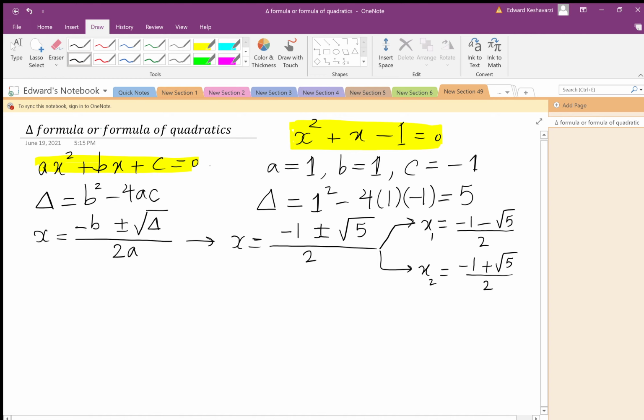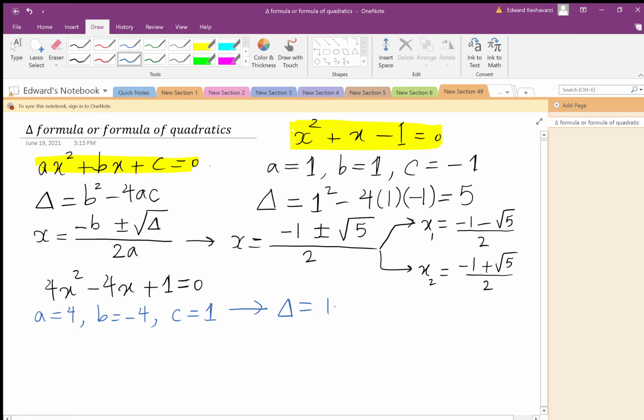I'm going to give you another example. Let's say 4x squared minus 4x plus 1 equals 0. So in this example, a equals 4, b equals negative 4, and c equals 1. Therefore, delta is going to be b squared, which is 16, minus 4 times a times c.